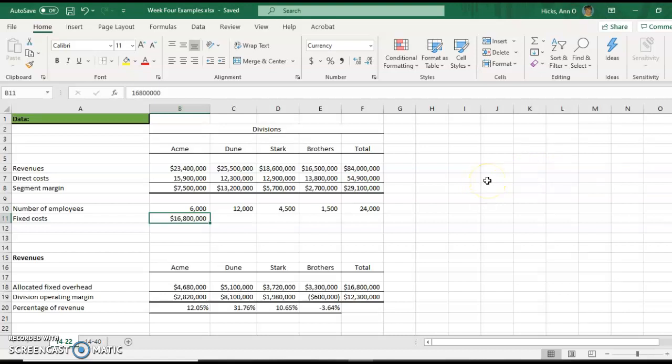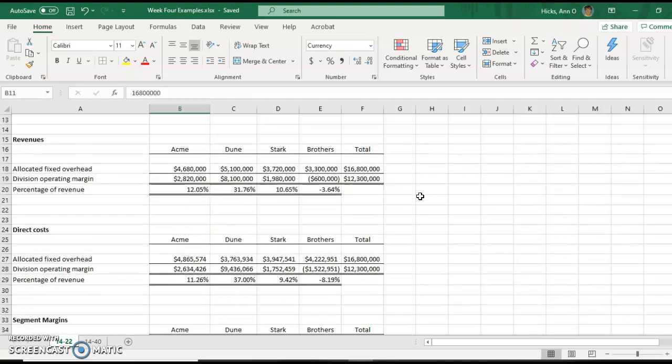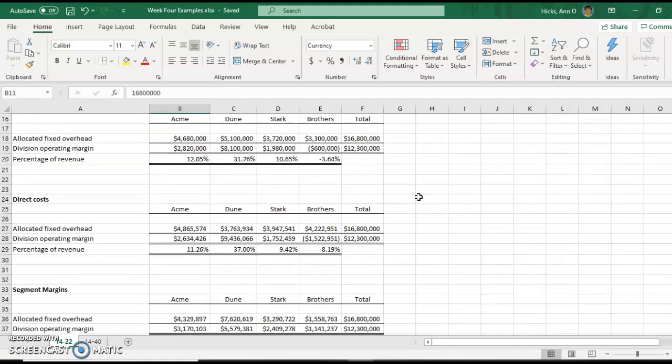So again, determining what your allocation base should be is a key factor in this process. So just to see how the allocation base can impact the amount that's allocated, we're going to walk through 4 different approaches, or 4 different allocation bases.